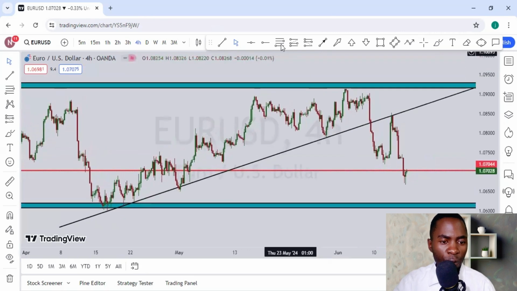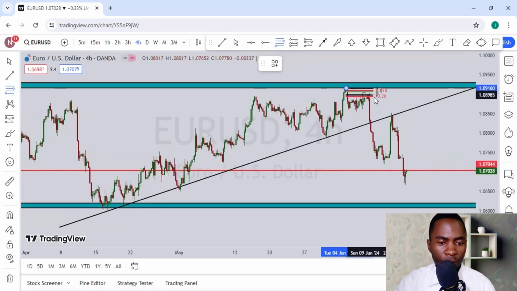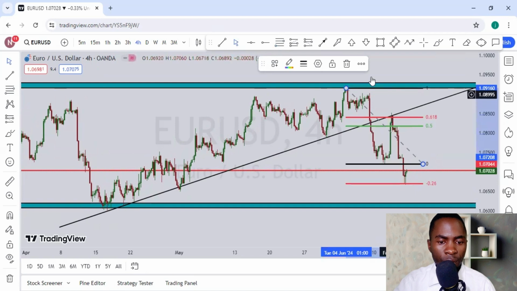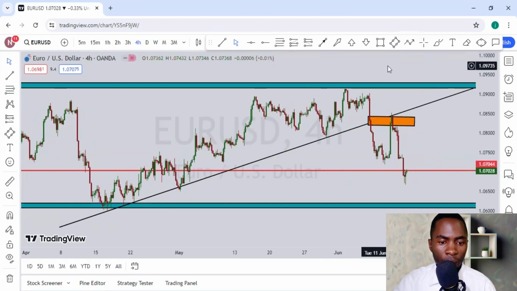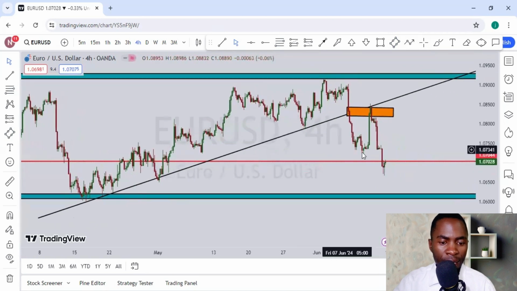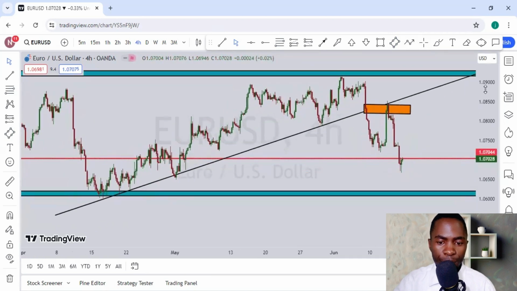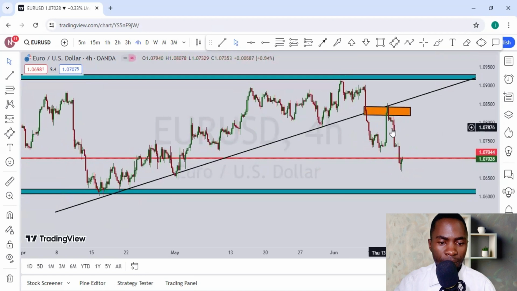So the second confluence, as I usually do, I use my Fibonacci tool from the top to the bottom, and I draw my yellow line around here. And immediately the CPI took place. The market was around here when the CPI took place.